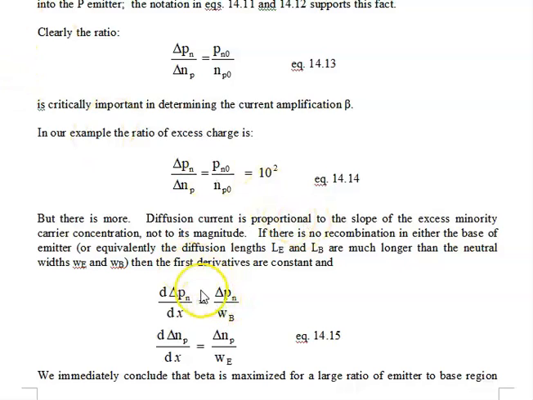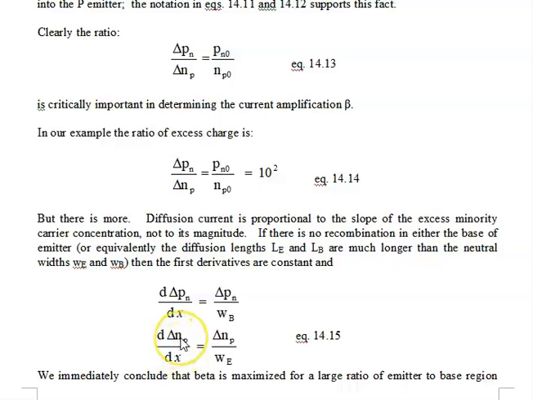We also said that the beta is dependent on the widths of the base region and the emitter region. We know diffusion current is proportional to the derivative of the excess carrier concentration with respect to x. If it's linear, then this x is just WB. And here, this would be in the emitter.